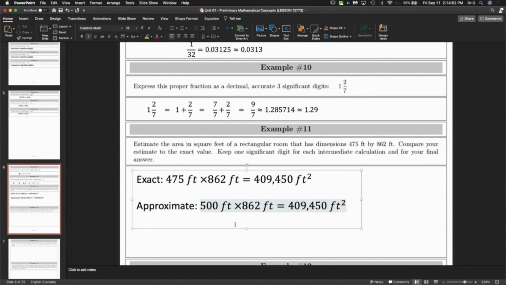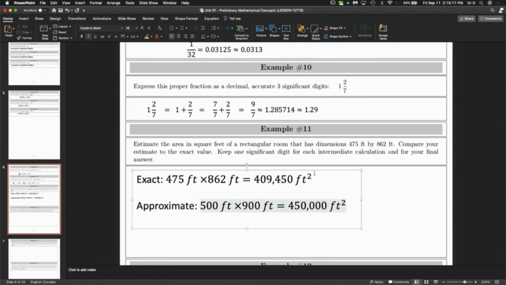Just round the digits that you're working with. 862 is closest to 900. And then multiply those. I'm going to get back to a comment that David mentioned. David, don't round the answer from the previous question. Don't touch that.